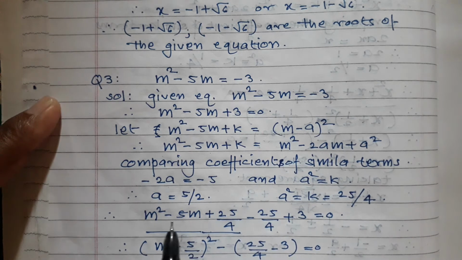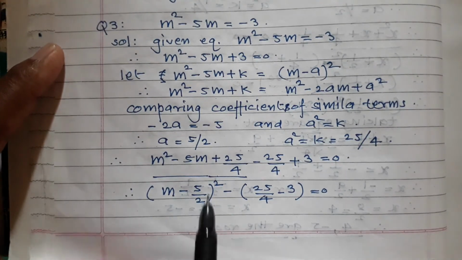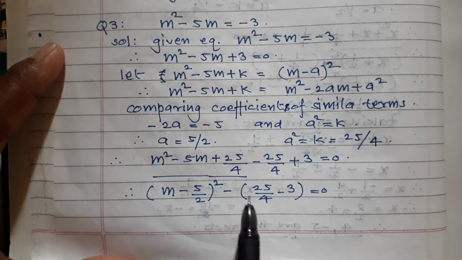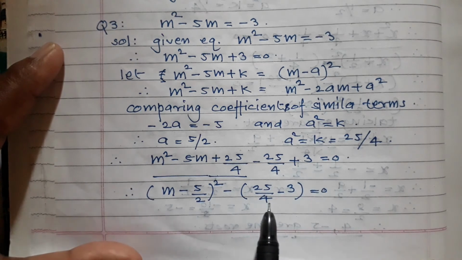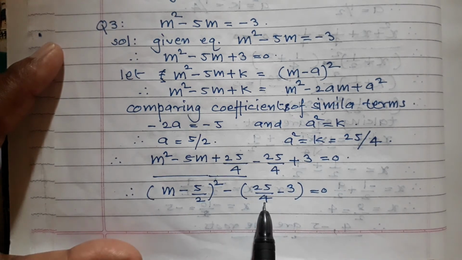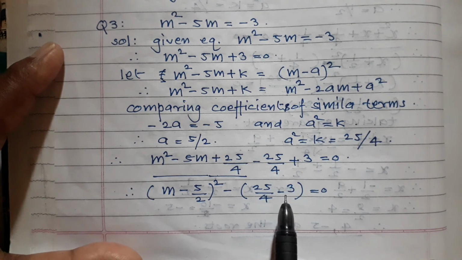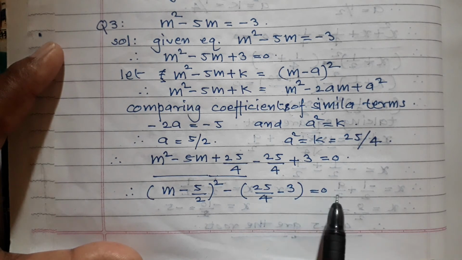And therefore, now these three terms together is m minus 5 upon 2 square minus, this you write down in the bracket, 25 upon 4. Now this sign is negative, therefore this sign is changed, minus 3 is equal to 0.